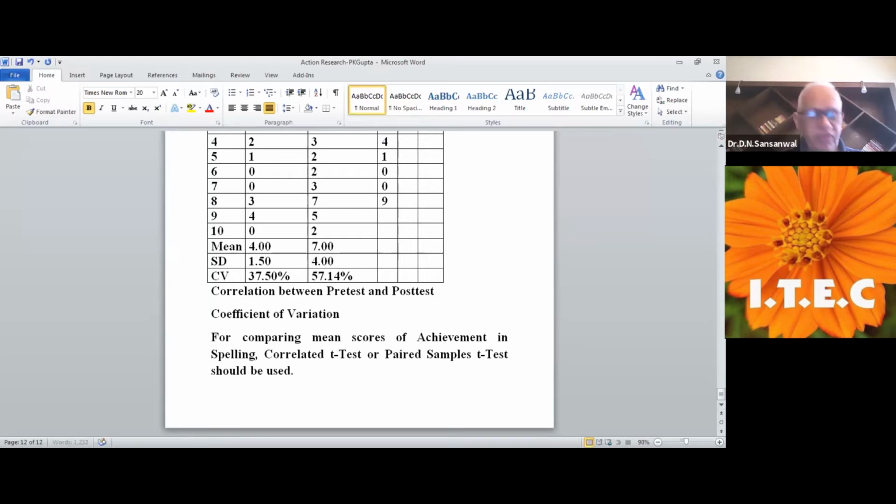I gave you the formula, but I am giving it again. Coefficient of variation is equal to standard deviation divided by the mean, multiplied by 100.